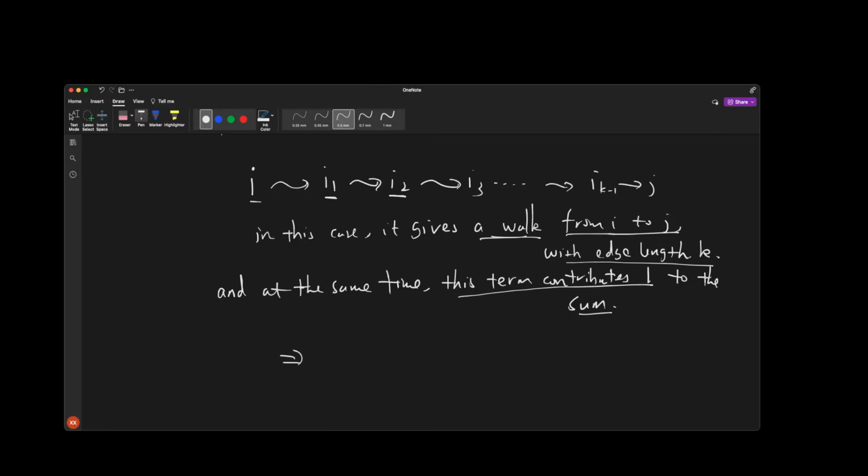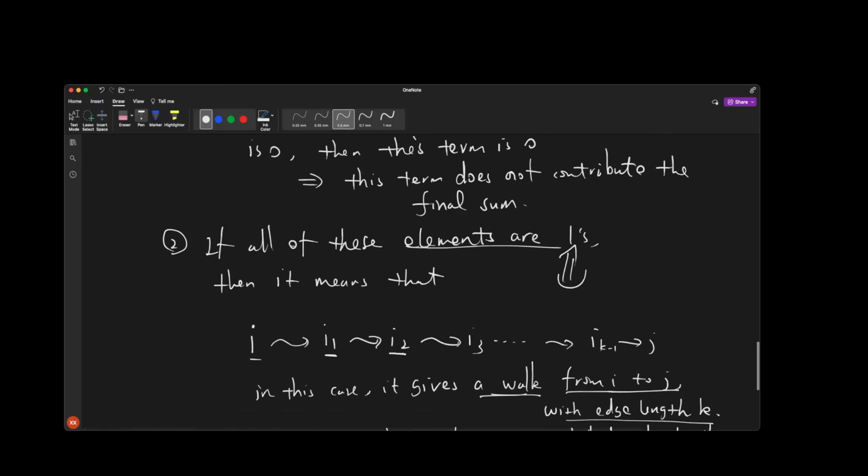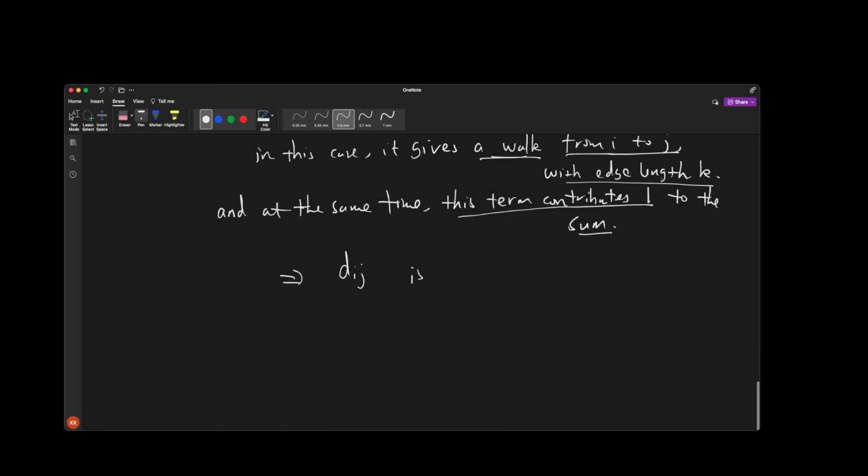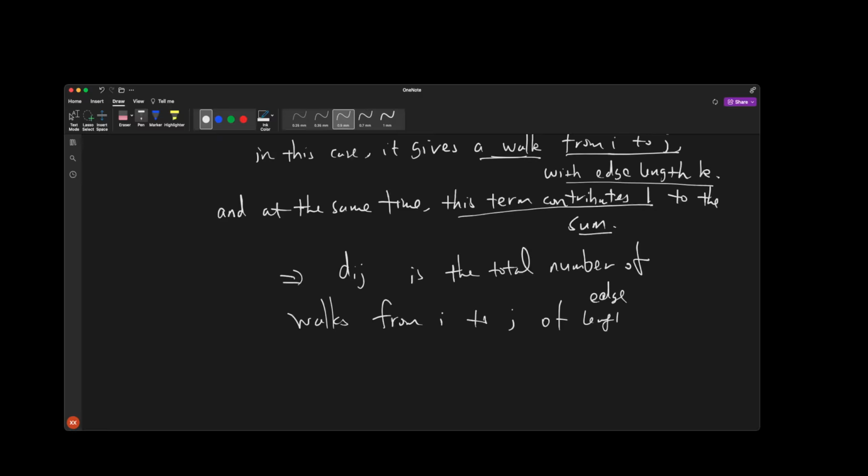So conclusion, this sum, which is just d_ij, the total sum gives you, by the formula, d_ij, is, let's repeat this, the total number of walks from i to j of edge length k. Okay, so this is the proof.